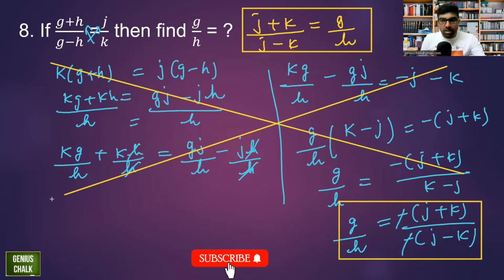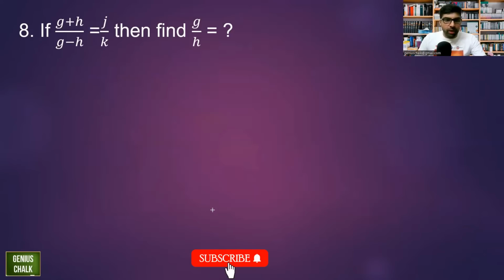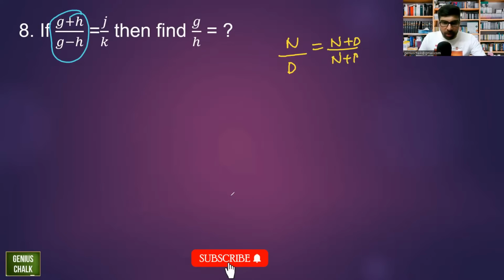Rather, remember this type. Now I'll tell you how we can solve this question using componendo dividendo. Always remember, if you apply componendo dividendo here in this question, your answer will be coming very, very fast. Let's apply. You remember the form: if I have numerator and denominator, then componendo dividendo means numerator and denominator added and denominator subtracted.